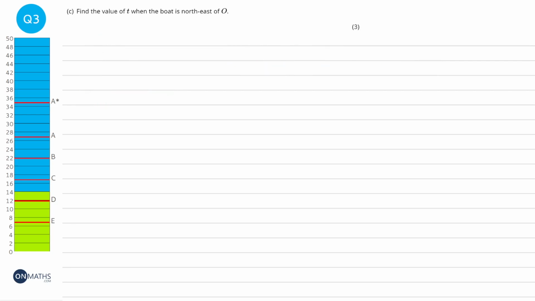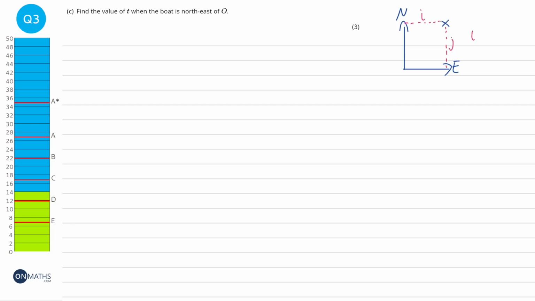And one thing we know, when the boat is northeast of O, well, when it's exactly northeast, so if we have, let's show north and east. If it's exactly northeast, what do you notice about the vertical and the horizontal components? Well, it should be equal, should it?